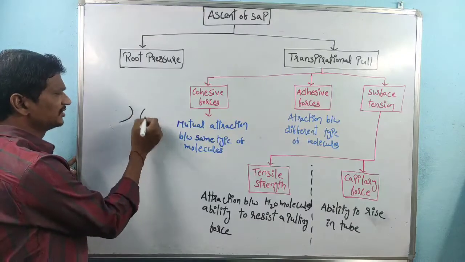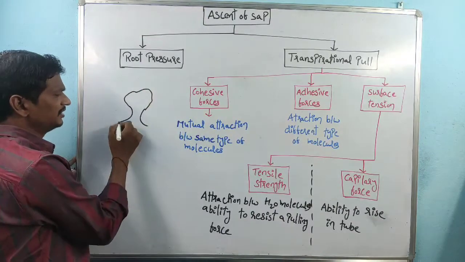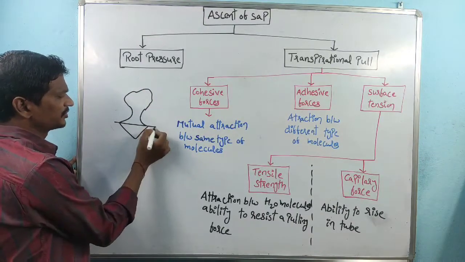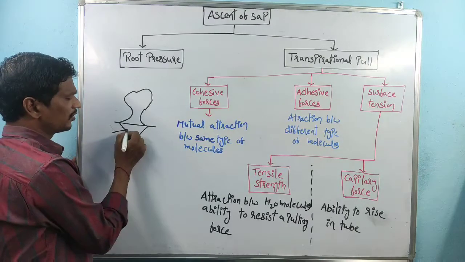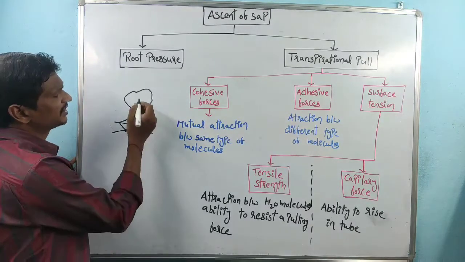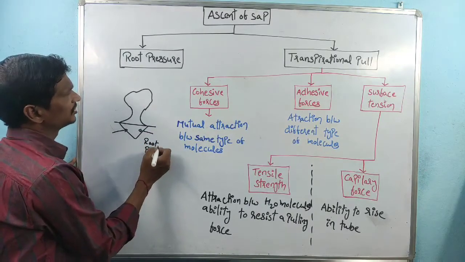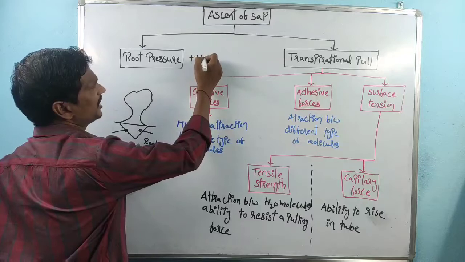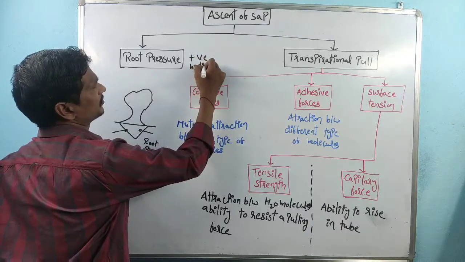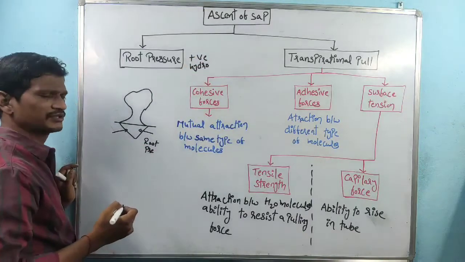I already said, this is one of the plants, and this is the root. Within the root, water absorption is majorly done by root pressure. Root pressure is the positive hydrostatic pressure.